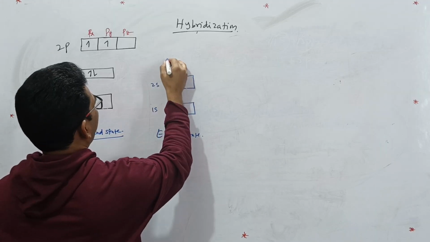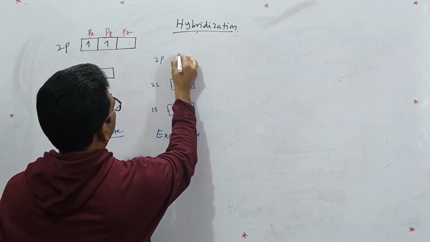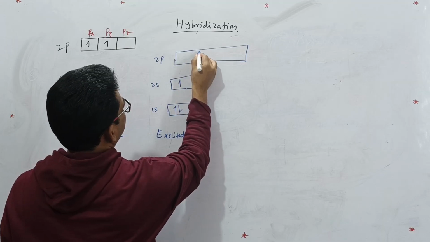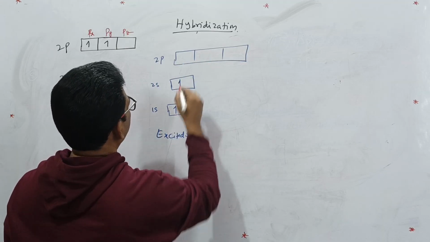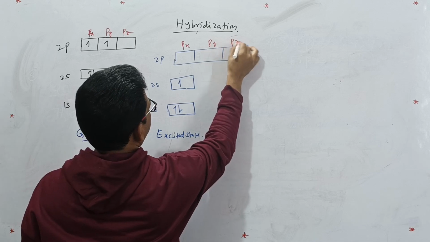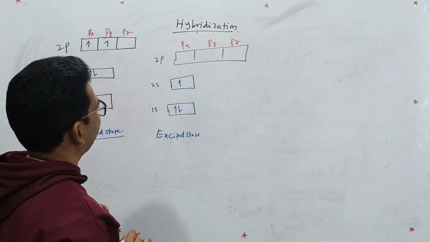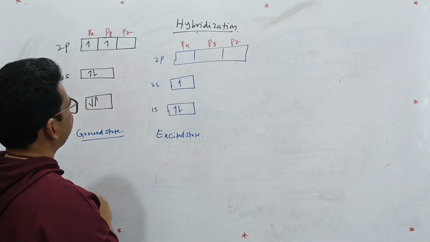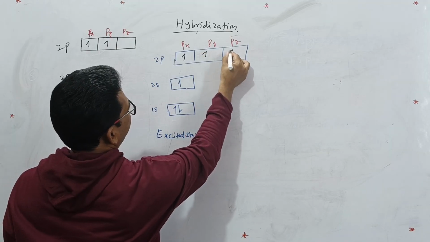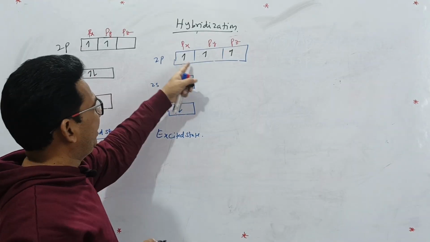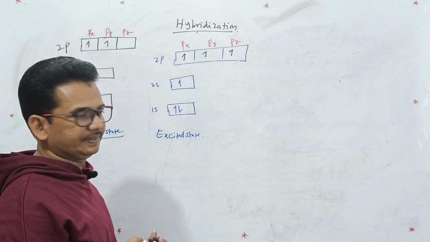Then that electron will be shifted to the p orbitals. Remember what I told you. This is px, this is py, this is pz. Now you can see all the orbitals are filled with one electron each: px, py, pz.